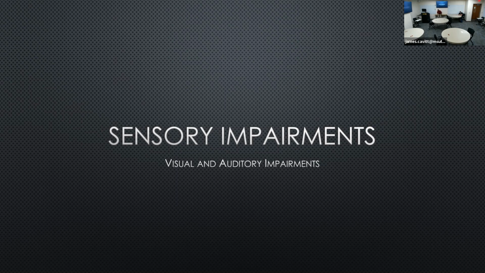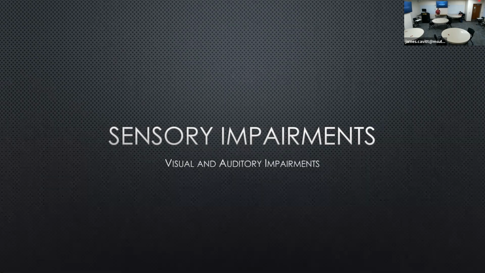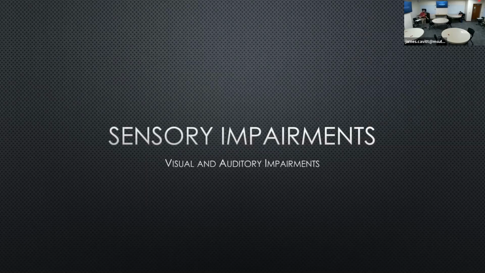We're going to today look at the sensory impairments, and these are part of the lower incidence disabilities. The interesting thing is that with visual and auditory impairments, most often these kids don't have a cognitive issue going on.